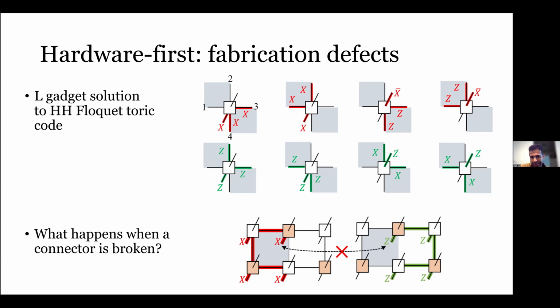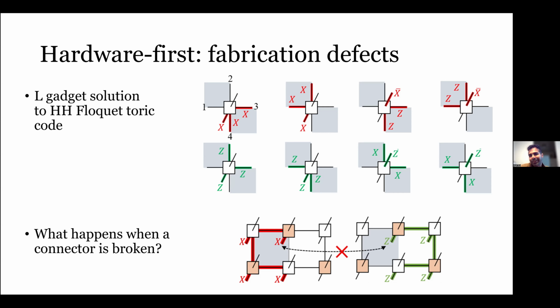We can try to write this gadget decomposition based on the qubits that we have in the real hardware layout. So in that sense, this provides a hardware first approach to think of what solutions of syndrome extraction compilation exist for a given hardware layout of qubits.